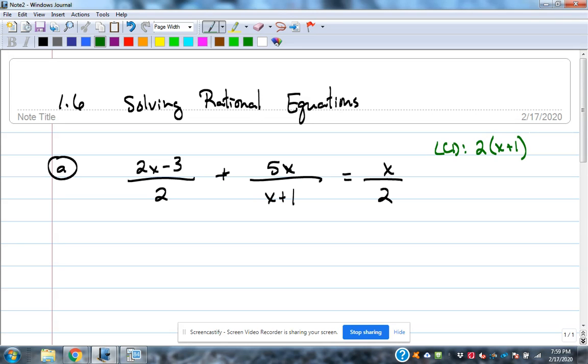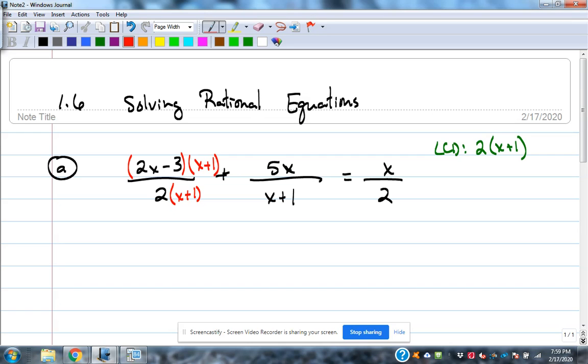So in order to do that, I've got to work out these fractions to get them to have that same denominator. So the first fraction has the 2 in the bottom, but it needs what? X plus 1. So I'm going to multiply by x plus 1 on bottom and top. This is where it gets a little tougher.